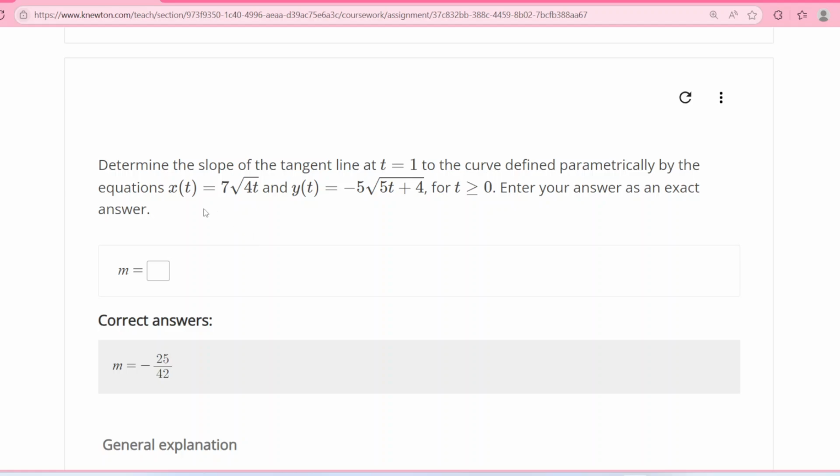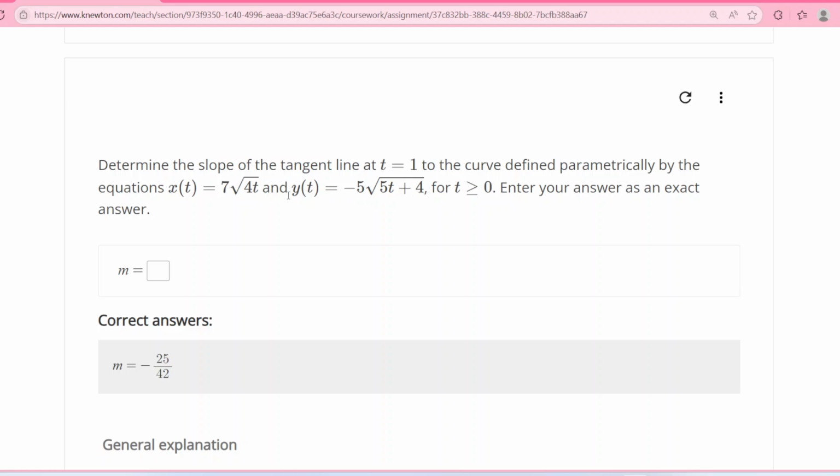Okay, so here in this question, we're asked to determine the slope of the tangent line, also known as the derivative, at t equals 1, the value of the parameter t, to the curve defined parametrically by the equations x of t equals 7 times the square root of 4t, and y of t equals -5 times the square root of 5t plus 4.